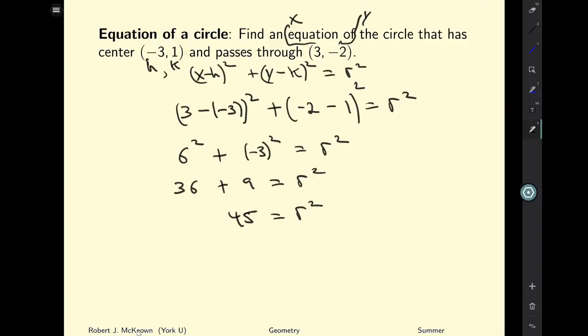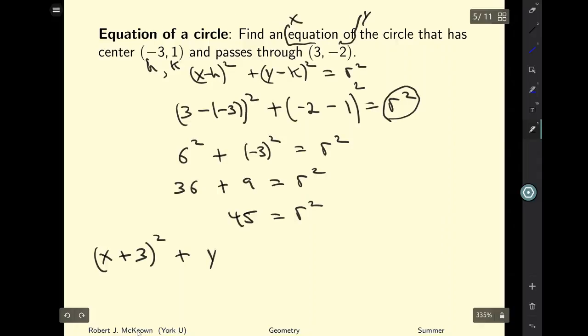Now, that r squared is the only part of this equation that we were missing. So if we want to write out the equation of this circle, it's going to be x, well, I'll write it as plus 3 squared plus y negative 1 squared is equal to 45.